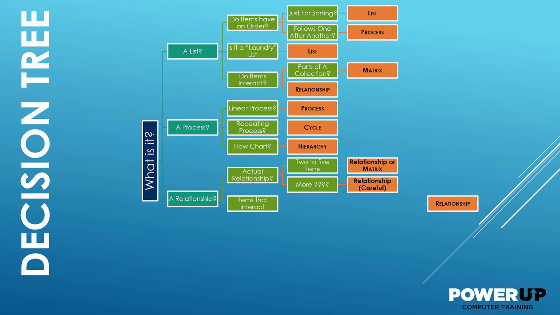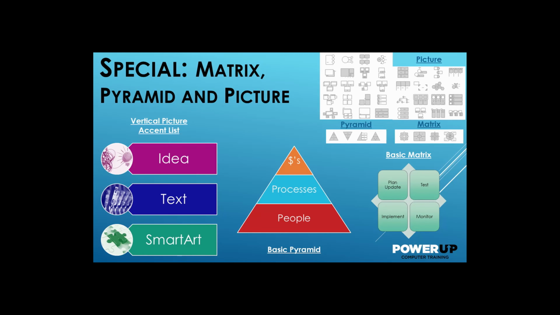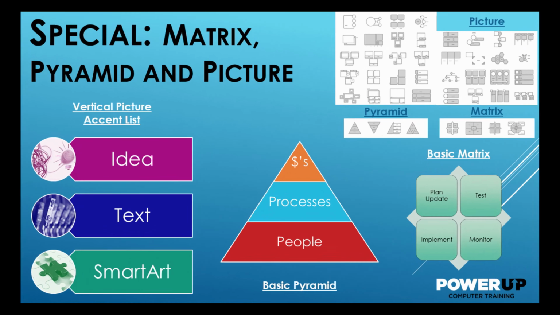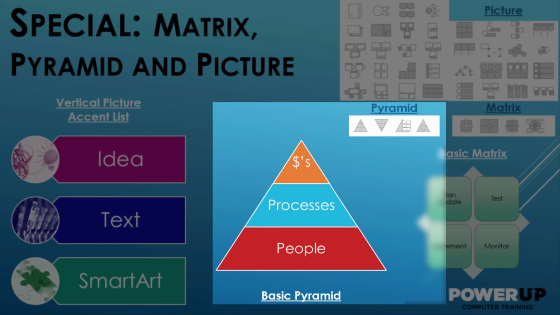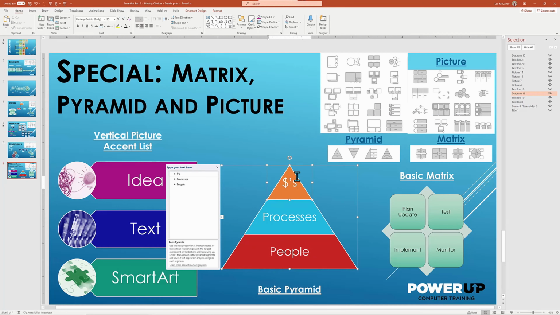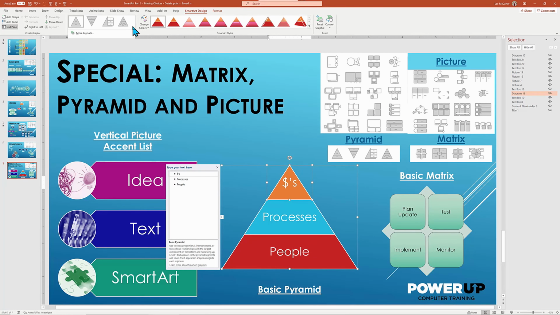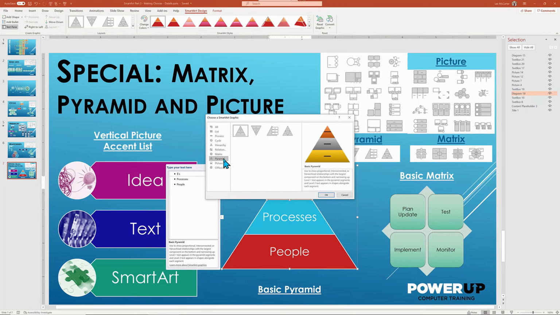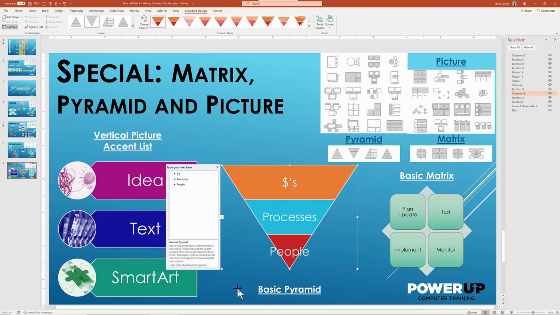One special relationship category is the pyramid, where you are trying to represent small to big or big to small. As you see here, we're attempting to show that people are the most important item and that dollar resources are the least. But it can easily be flipped around with a different layout. Note that there are only 4 pyramid layout choices.